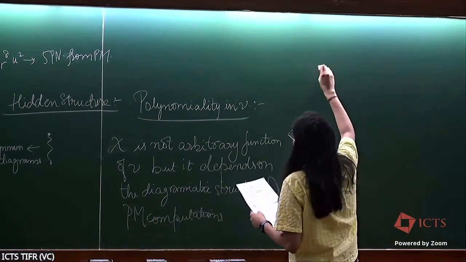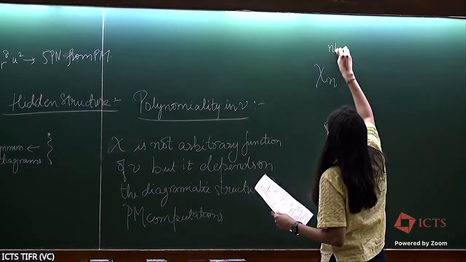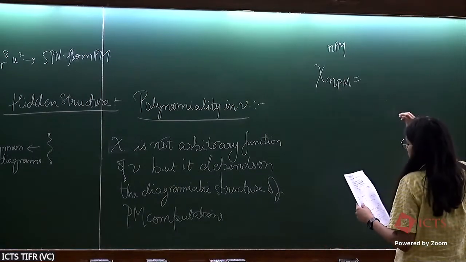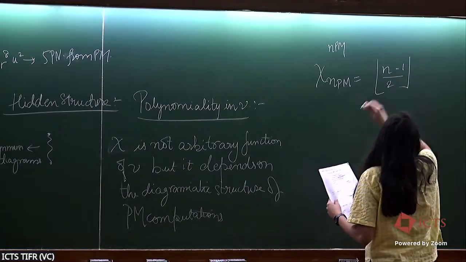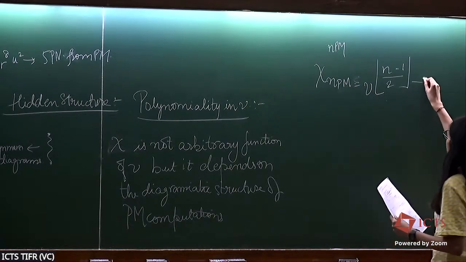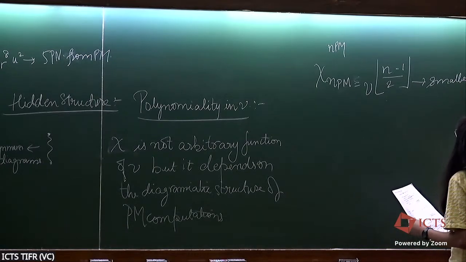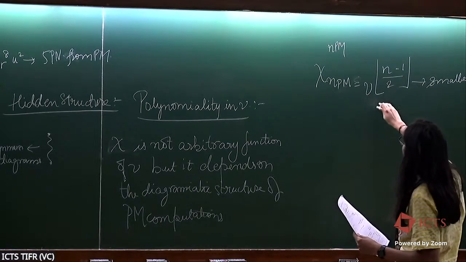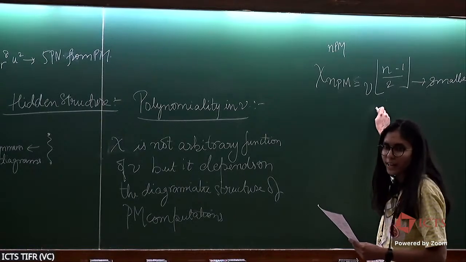And the answer is that chi_n, where n denotes the PM order, is a polynomial in nu. So basically, it has to be like this, where this is the smallest integer. So it can only be a function of nu of a polynomial of this degree. It cannot be a polynomial of any degree.